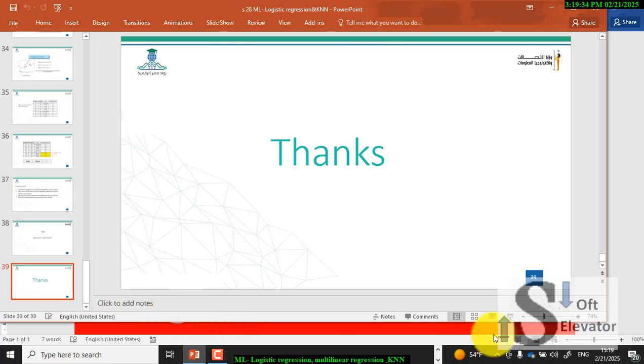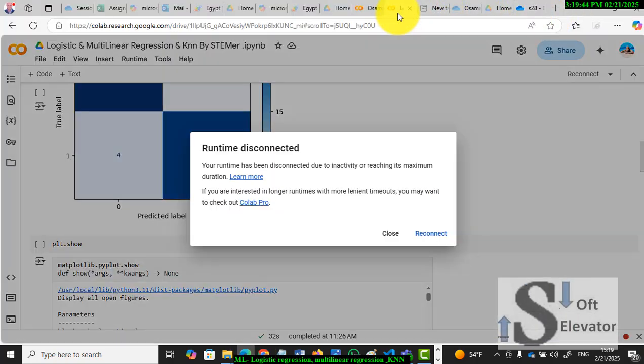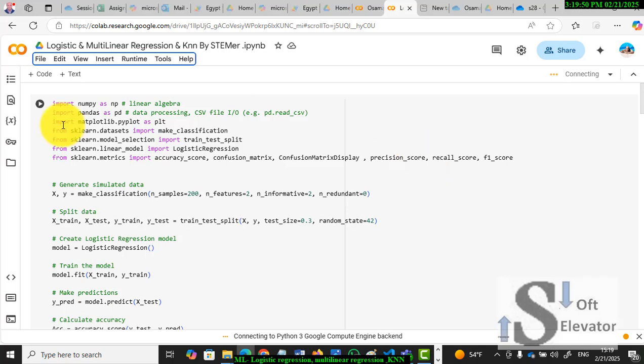So if we go to how to practice this using the code, we open here, this is the code, connect here, and we have to import libraries: the numpy library, pandas, matplotlib, and sklearn libraries.